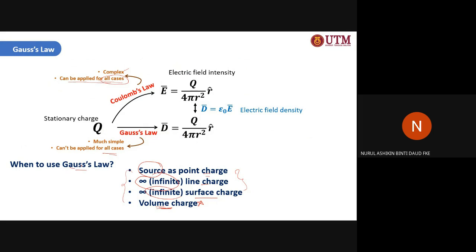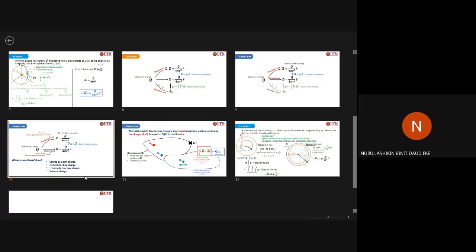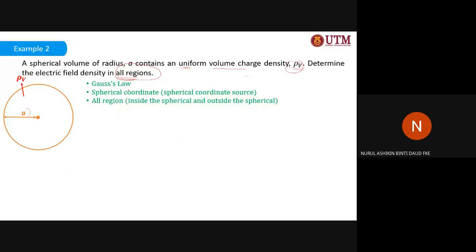So straight away you can use Gauss law to solve this problem. Then what orthogonal coordinate system will you deal with? Since it is a sphere, the best orthogonal coordinate system to use is the spherical coordinate system, since the source is spherical. Another piece of information from this question is that you need to determine the electric field density in all regions.